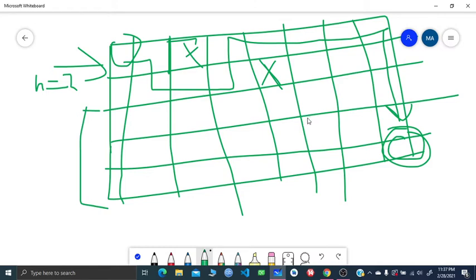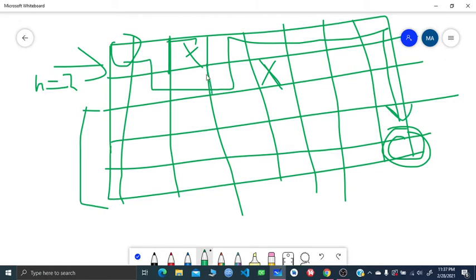So this is one case. I can say that if the distance between two consecutive blockages is at least 2, then the answer will always be 0, because I won't have to use any coins.